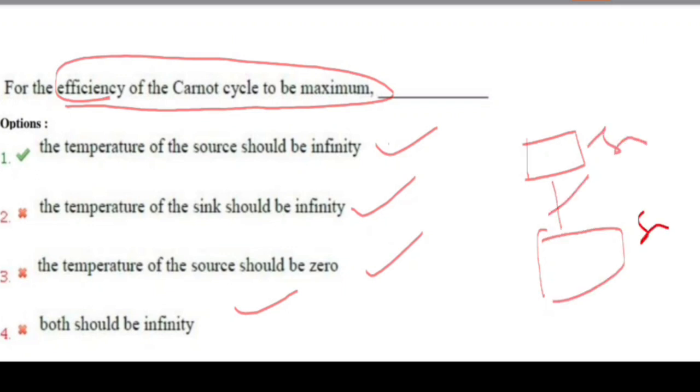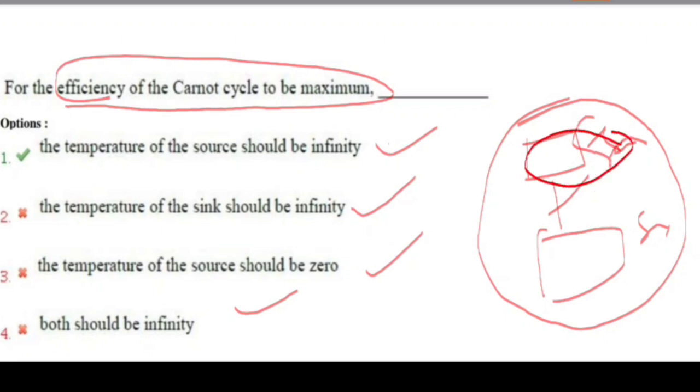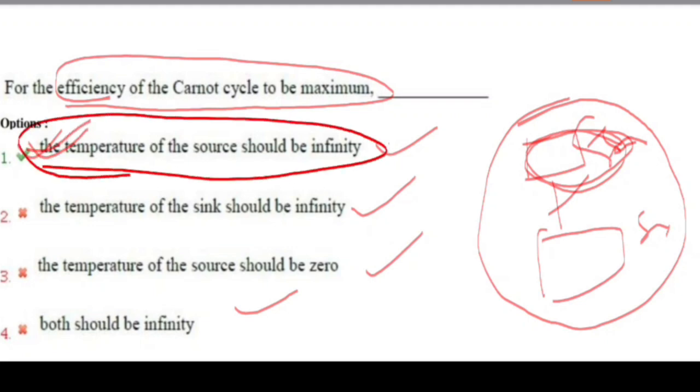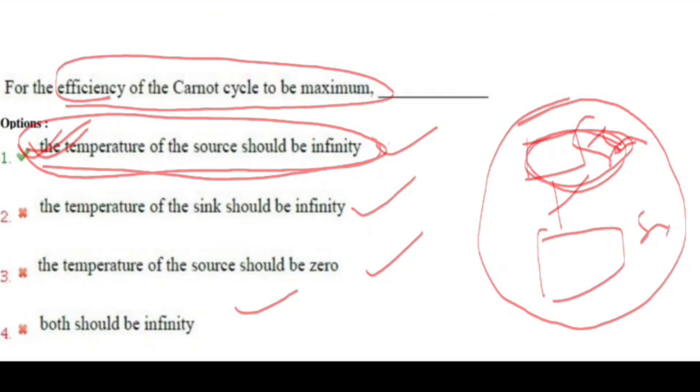The temperature of the source should be infinity. By increasing the temperature of the source or keeping it maximum, we can achieve the maximum efficiency in Carnot cycle. Remember, source temperature should be infinity or maximum.